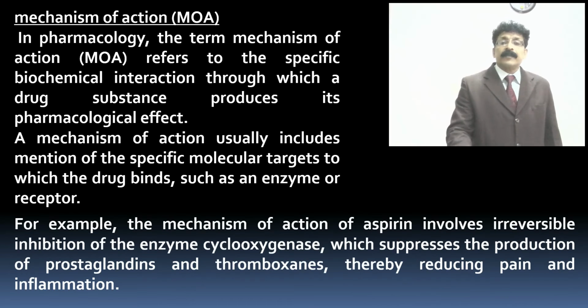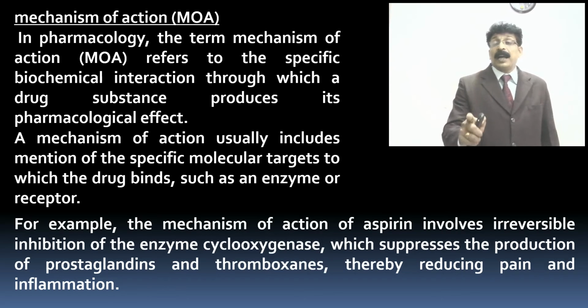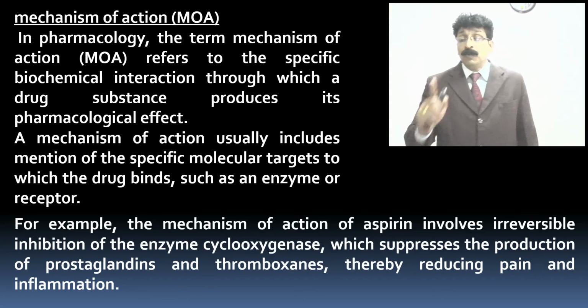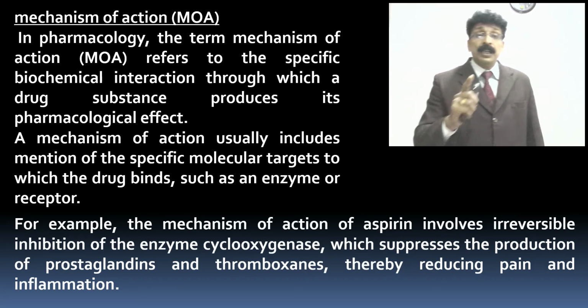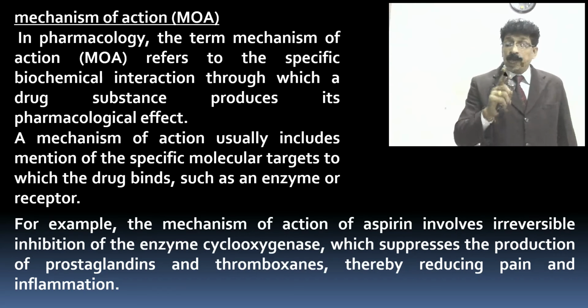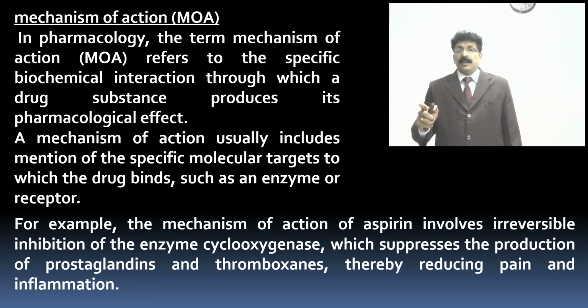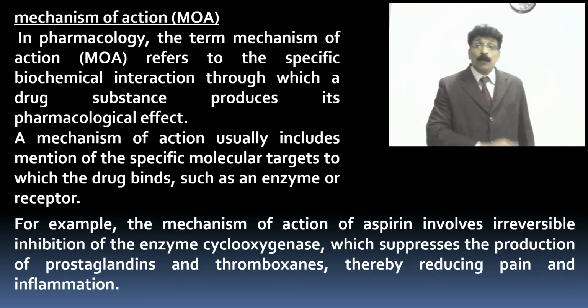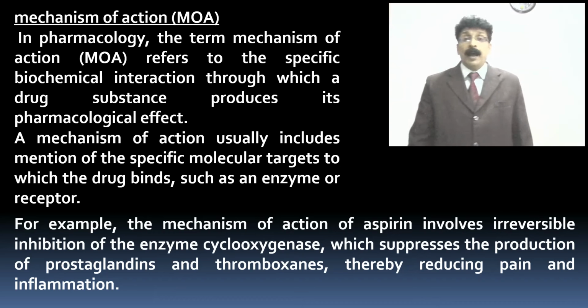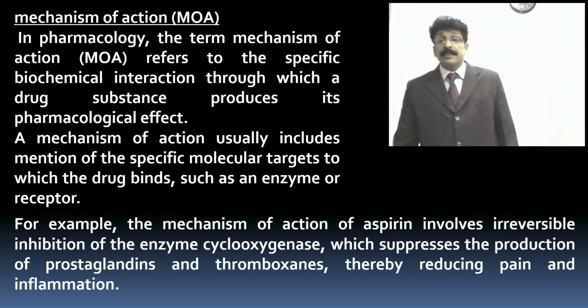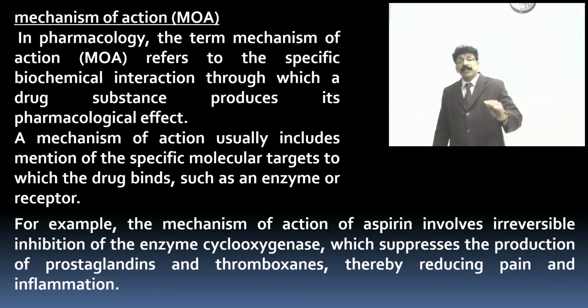For example, the mechanism of action of aspirin involves irreversible inhibition of the enzyme cyclooxygenase, which suppresses the production of prostaglandins and thromboxanes, thereby reducing pain and inflammation.